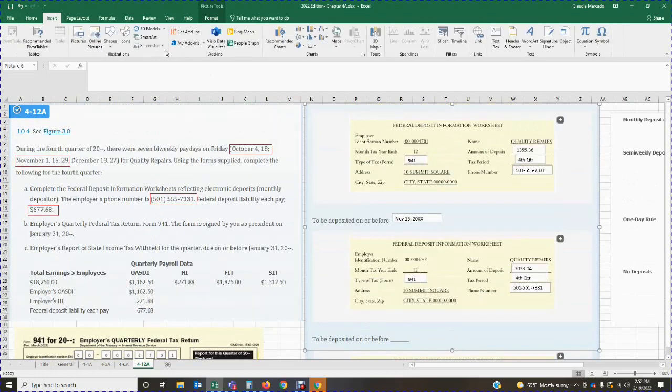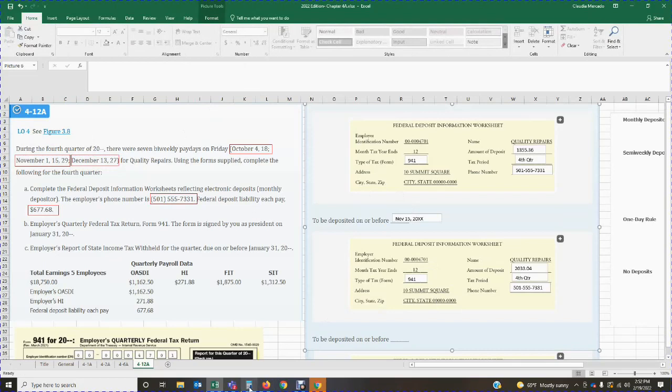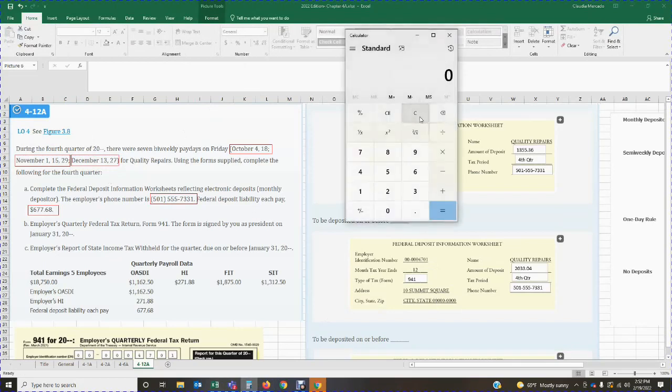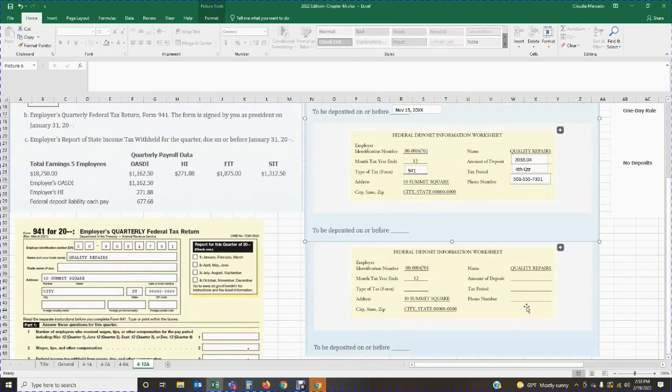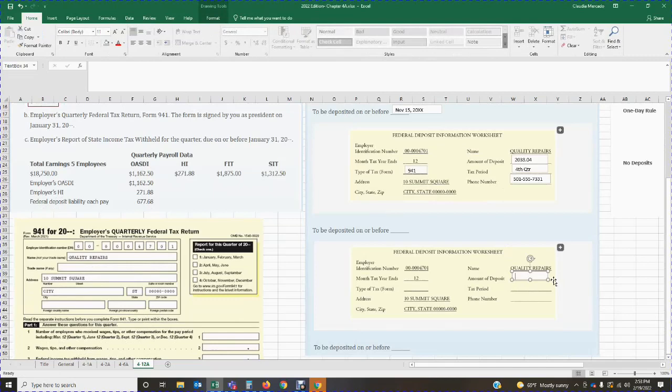The amount of the deposit for December. December has 2 pay periods. December 13 and 27. So once again, we're going to multiply the 677.68 by 2 pay periods. That will be 1355.36. So the amount of the deposit is 1355.36.